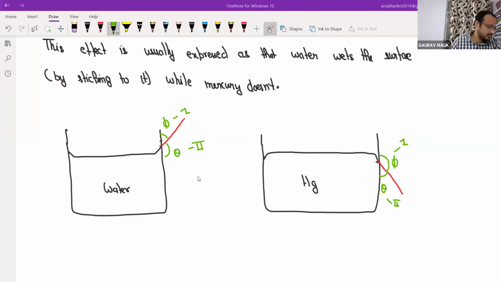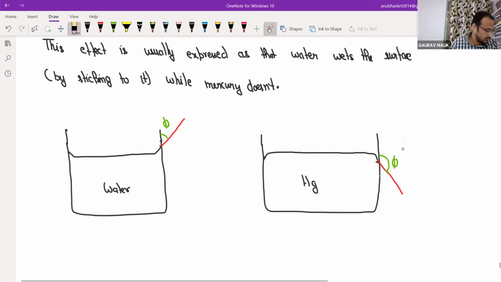Second diagram, first one. This is the contact angle. What is the definition of contact angle? With the surface or with the container?